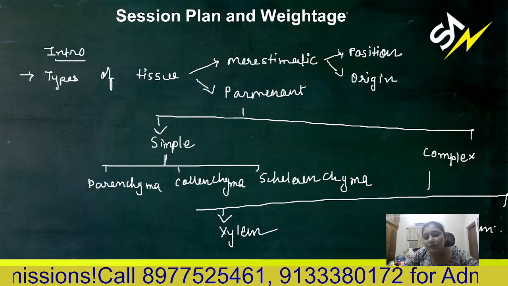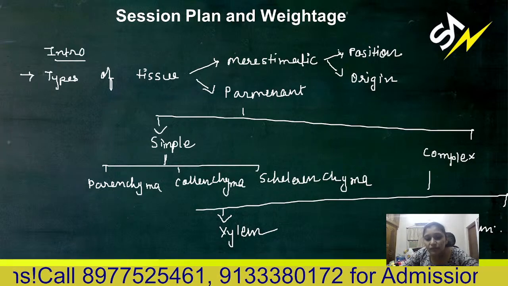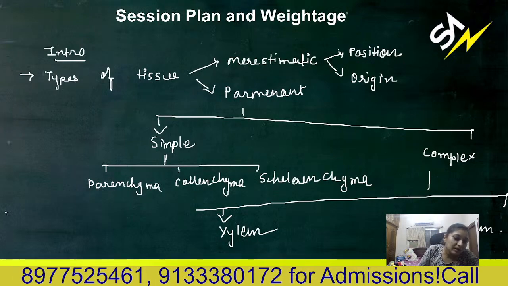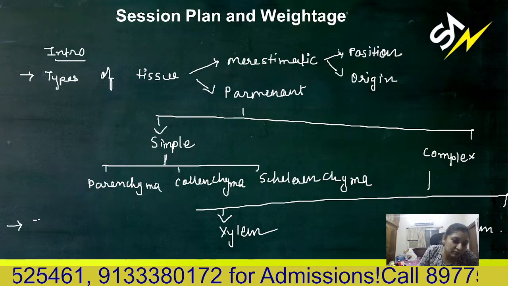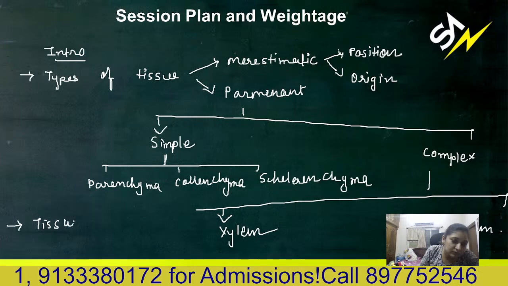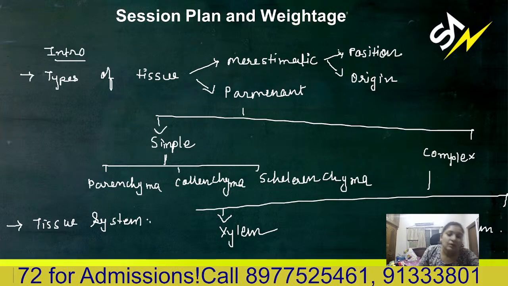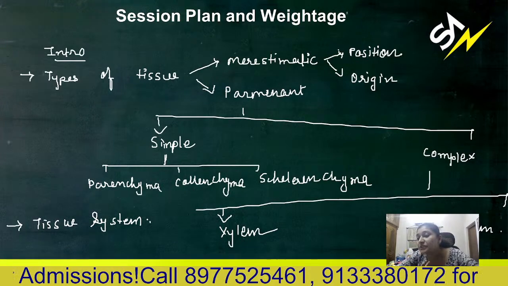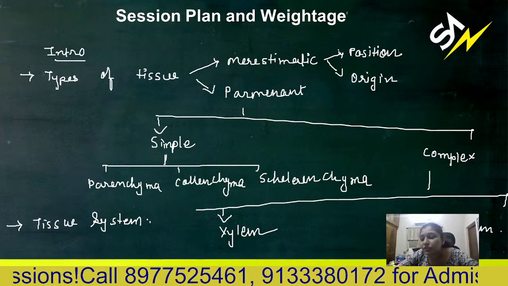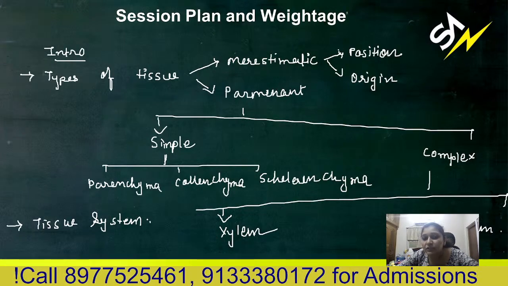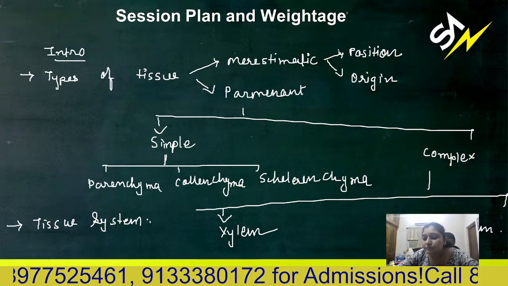So this is a complete plan today. After phloem and xylem discussion, we'll discuss the tissue system. Remember, we are discussing internal parts, that means the internal structure of plants.